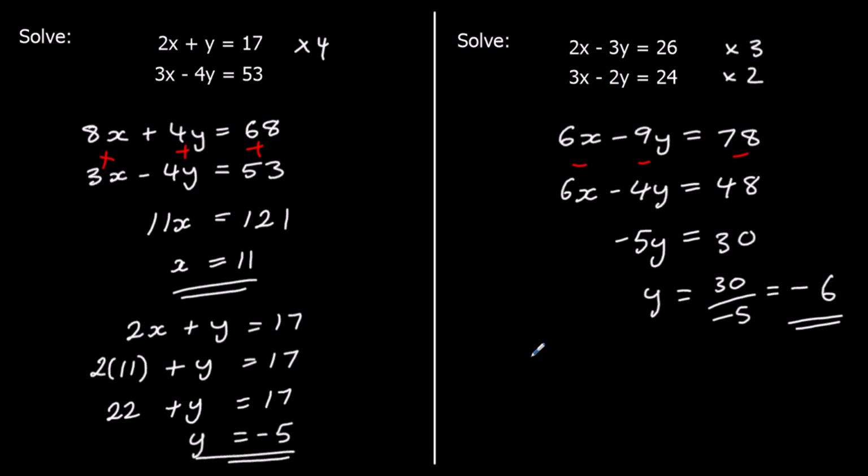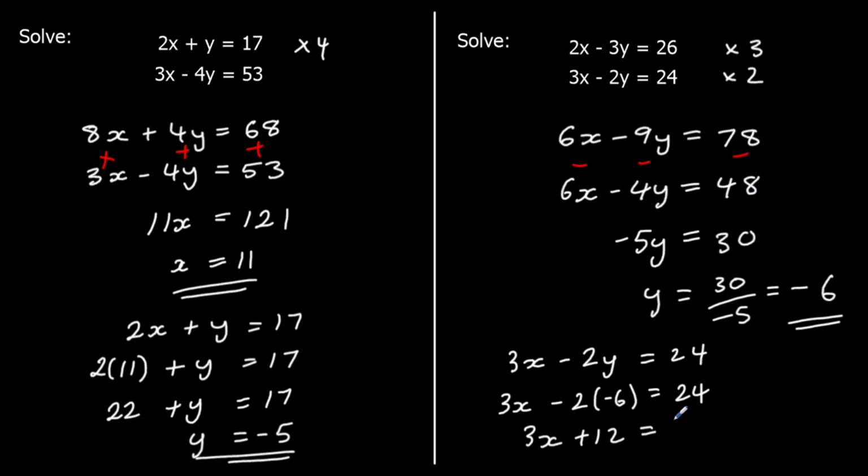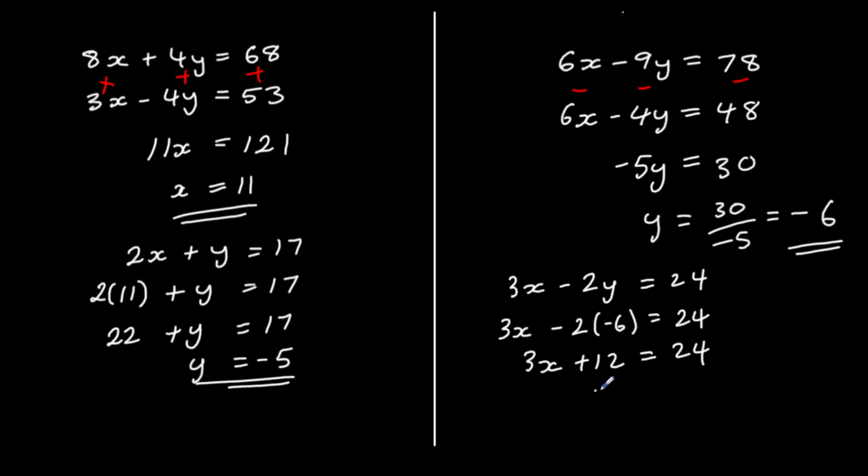Let's substitute back in. I'll use the second equation. So y is negative 6. So 3x take away 2 negative 6's is equal to 24. Negative 2 times negative 6 is positive 12. So 3x plus 12 is 24. Take 12 away from both sides. 3x is 12.